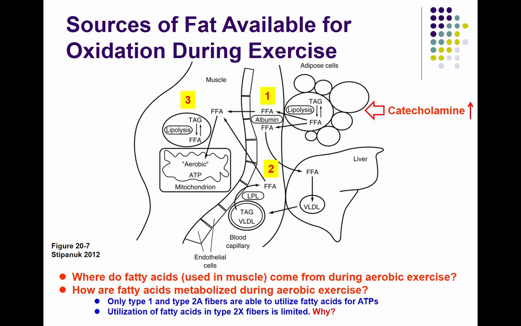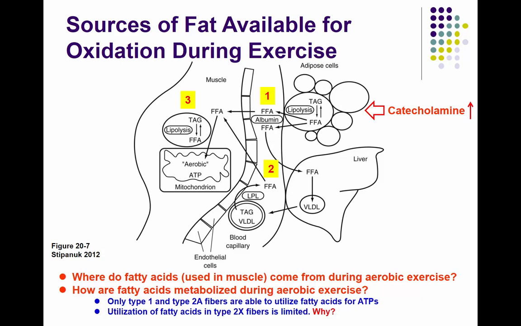During this type of exercise, the type 2X fiber definitely will not use fatty acids for energy, right? It takes time. Because a 10-second exercise requires ATP production very quickly, right? So definitely we're not able to utilize fatty acids for ATP production.